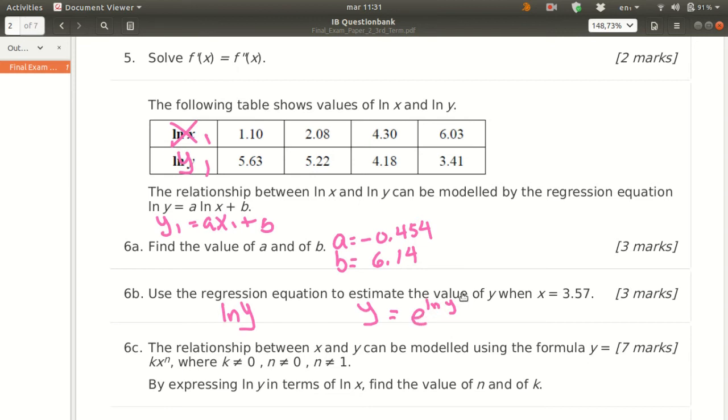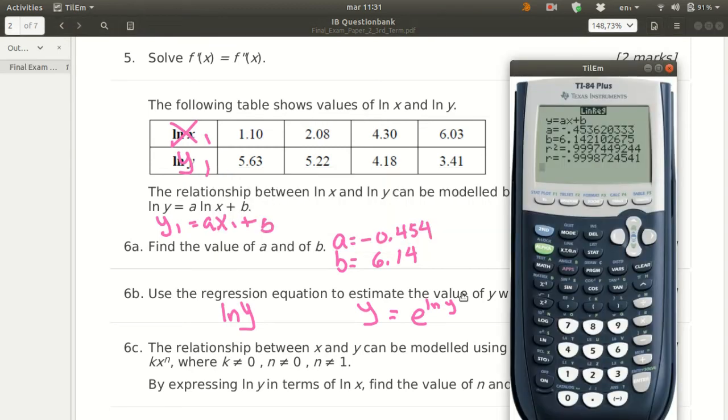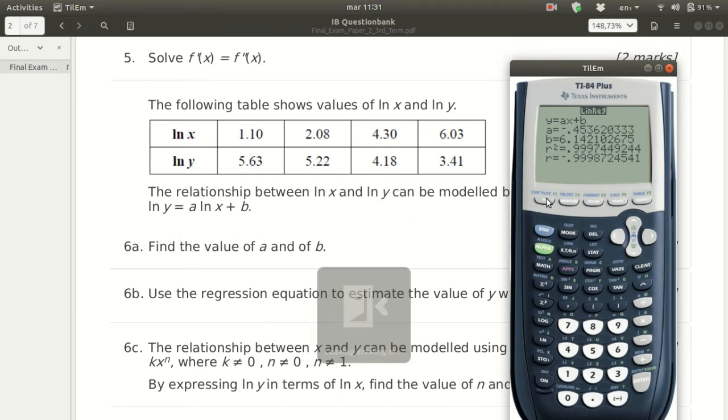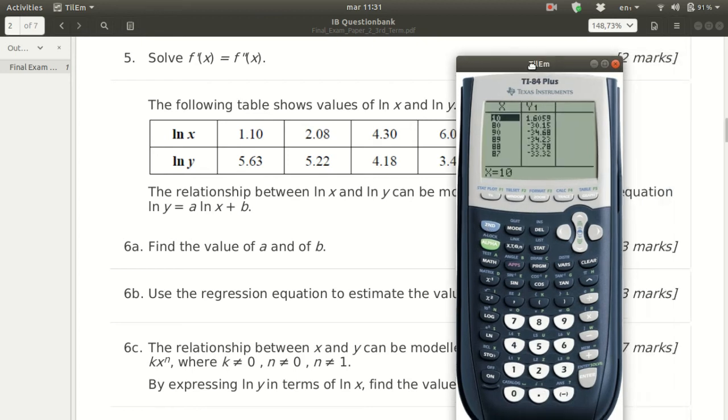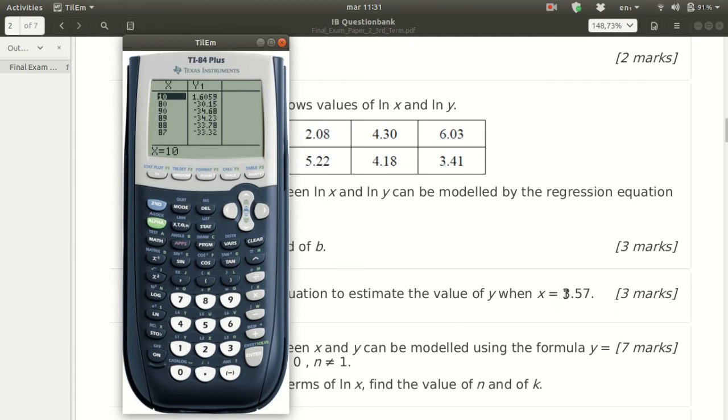So let's go back to the calculator. We saved it here. That's the regression line. I'm going to clear the rest of this stuff out, and we can do the table. So what is the value of x? It says 3.57. A common mistake would be to write 3.57.